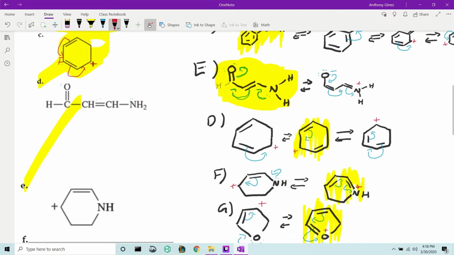This is illustrated here, where my most important resonance form would likely be here because both double bonds are allowed to donate into this sink. So this would be the most important resonance form. It would show up the most.